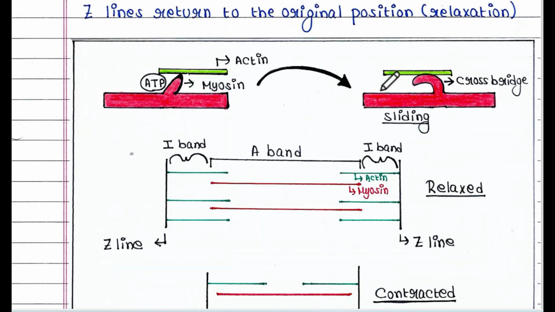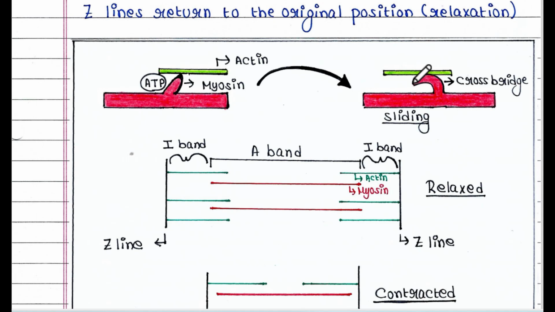So just like this picture, the actin myosin cross bridge is formed, and this actin myosin arrangement remains parallel in the cell just like this. Now, myosin pulls the attached actin filaments towards the center of the A band.